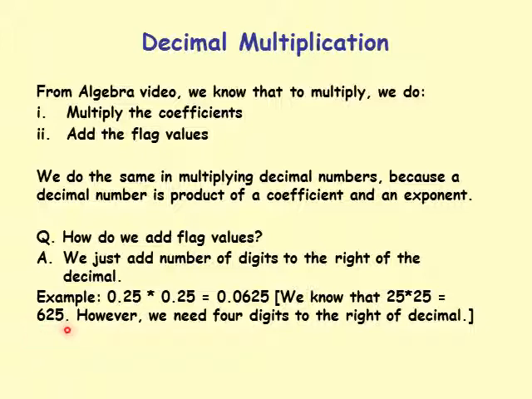We know that 25 times 25 is 625, which is one more than the one before, when we were doing proportional base multiplication. We did that using the squares of numbers ending in 5: on the left is 2 times 3, which is right here, and on the right 25. However, we need 4 digits to the right of the decimal point, so we need a 0 to the left of the 625 here.